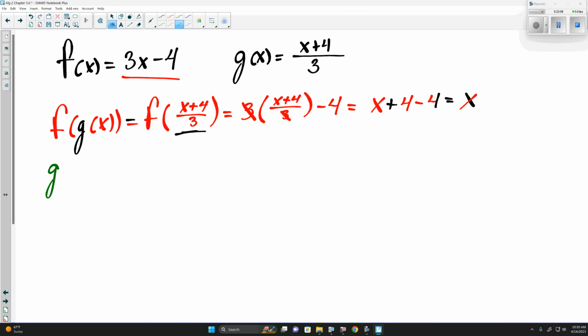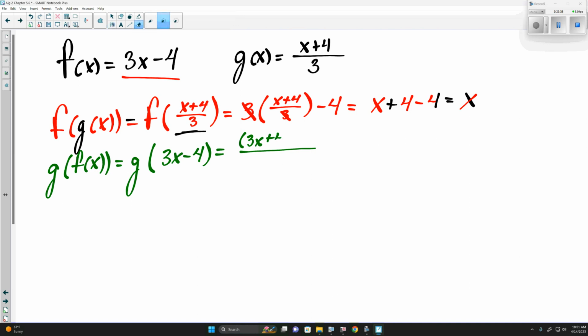Now let's look at g of f of x. So again, just like the previous one, we'll replace f of x with its function, giving us g of 3x minus 4. Then at this point, we plug 3x minus 4 into g of x's x values.